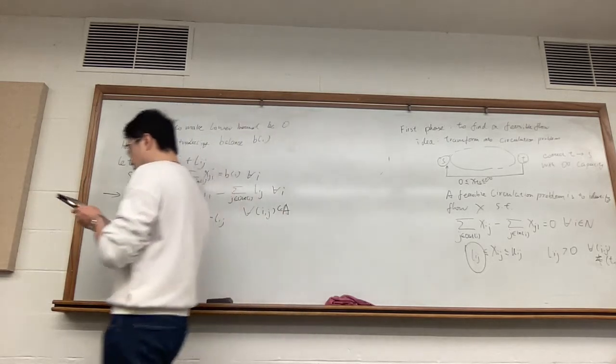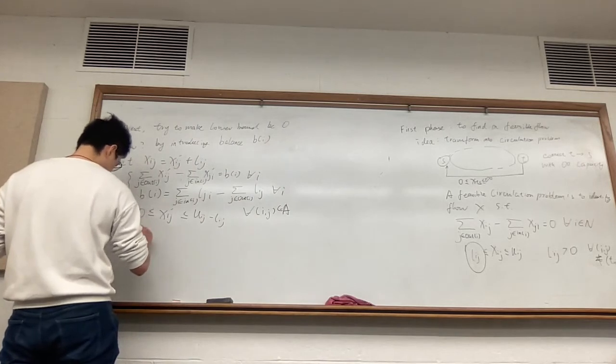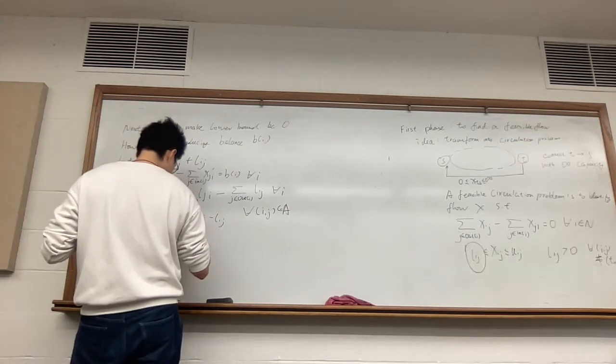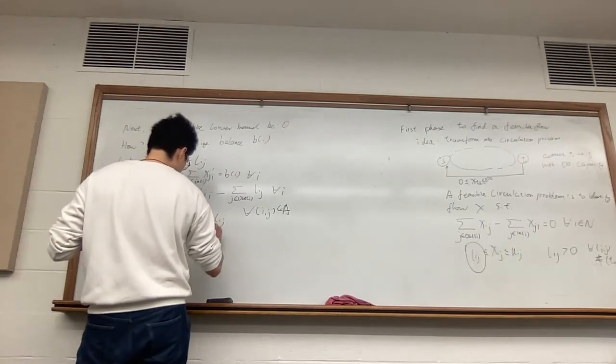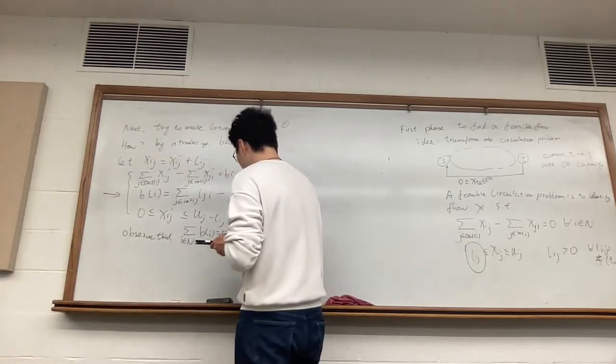Okay, and one more thing. We observe that the sum over i in N of Bi equals 0. My question is why?